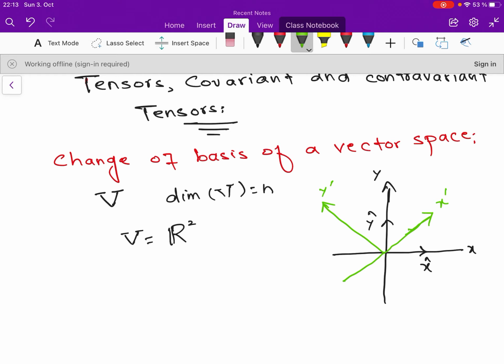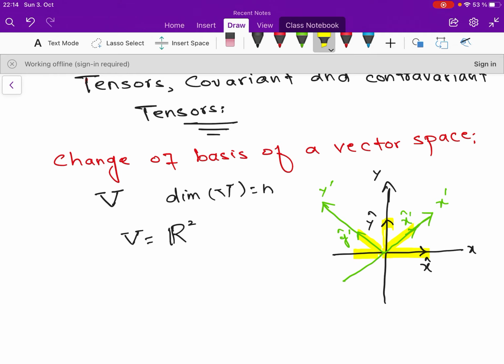This one will have basis x prime hat and y prime hat. So I can express this new coordinate system in terms of the old coordinate system using some relations, because this vector can be expressed as a linear combination of this vector and this vector, and similarly this vector y prime can be expressed as a linear combination of this y cap and this x cap.